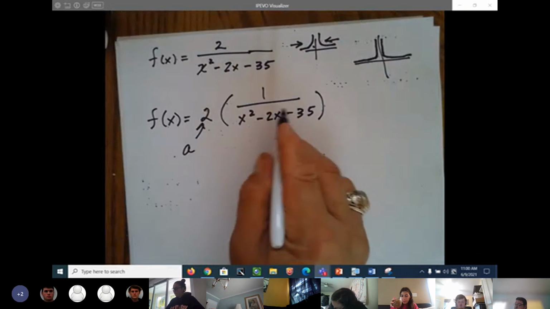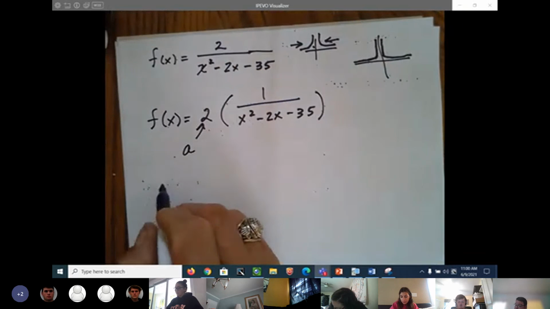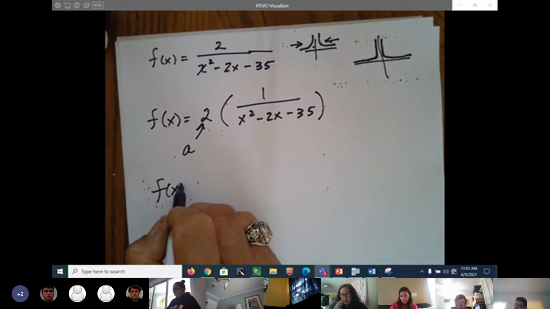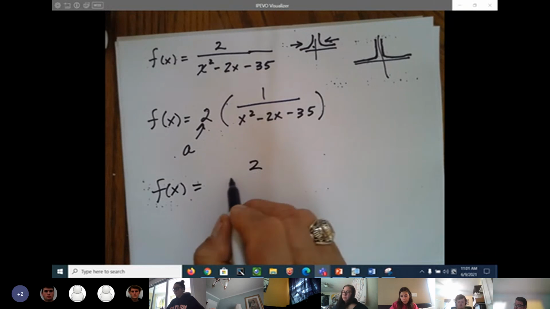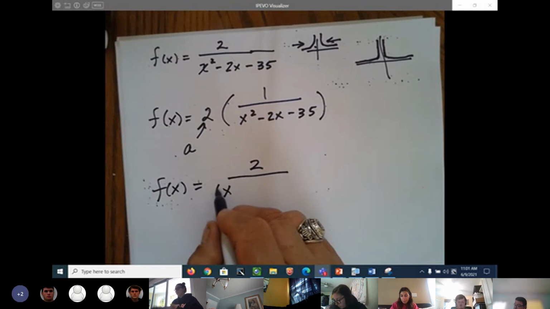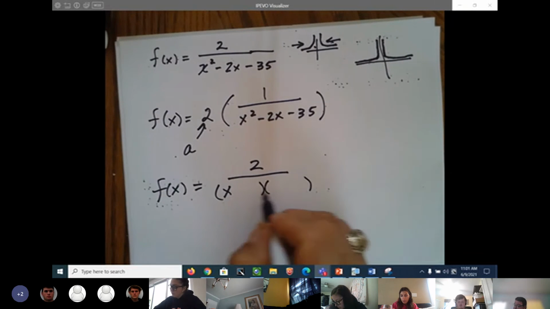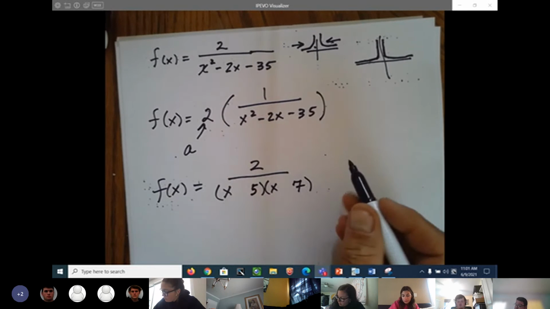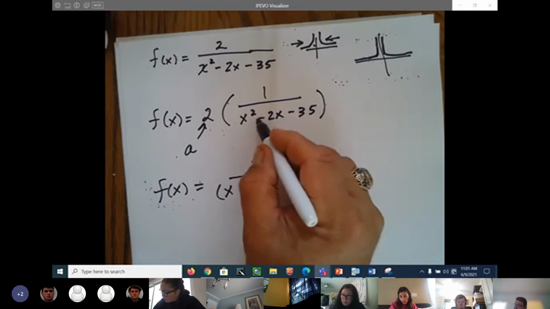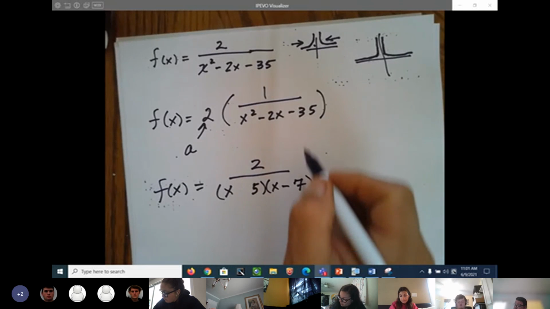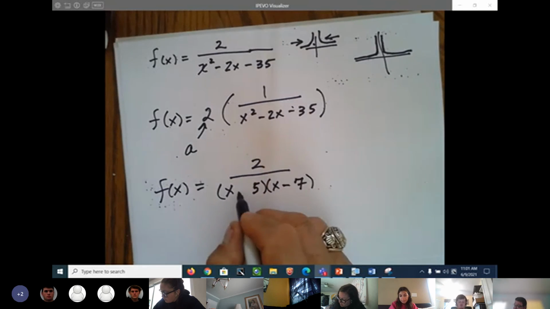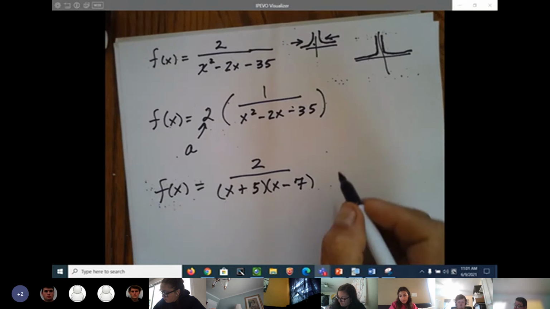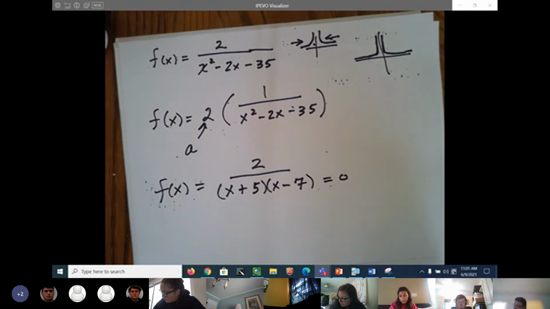And we're going to factor this. So f of x is equal to 2 over x, 5, 7. This means that the biggest number has to be negative, and this means unlike signs. So set the denominator equal to 0.